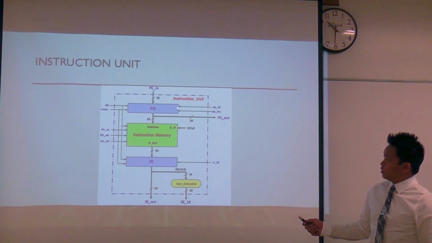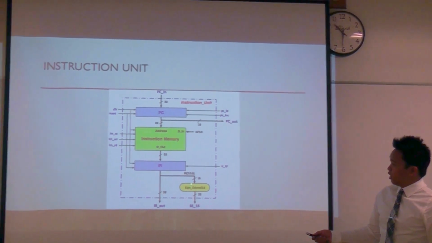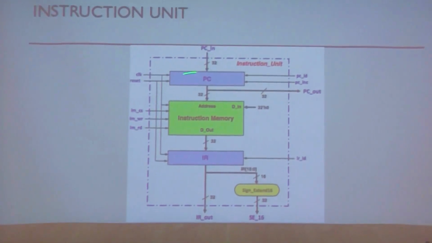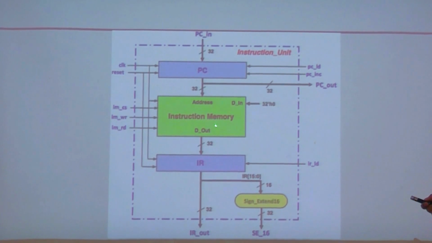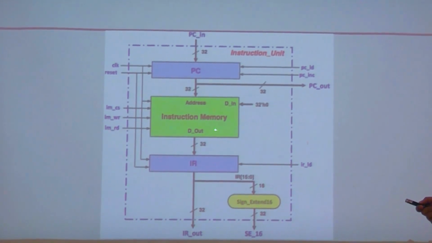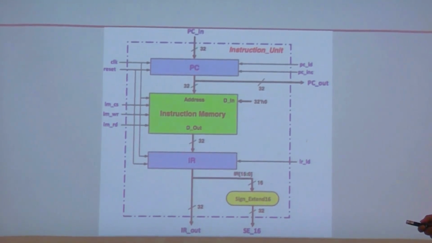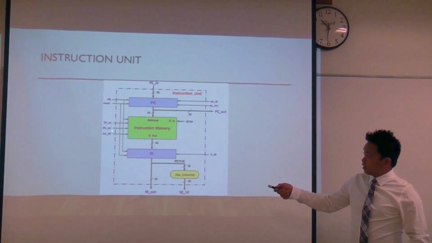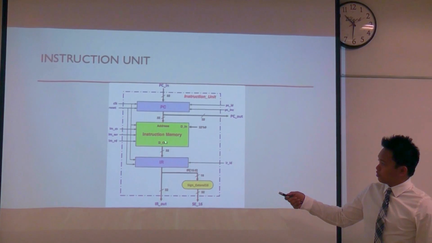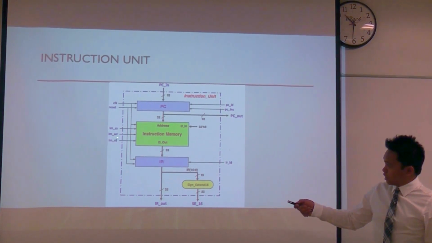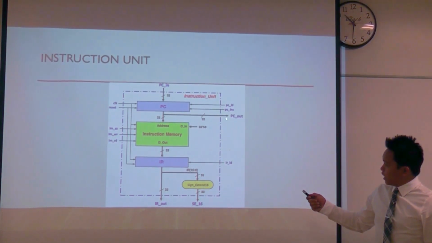Here we have the instruction unit. This also contained a 1K by 32 instruction memory. However, even though it has a write signal, we cannot write to instruction memory, so this is tied to 0.